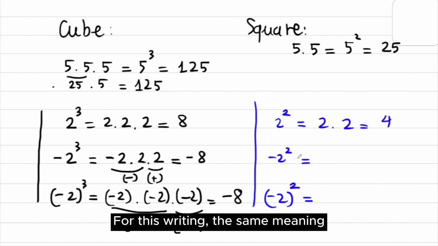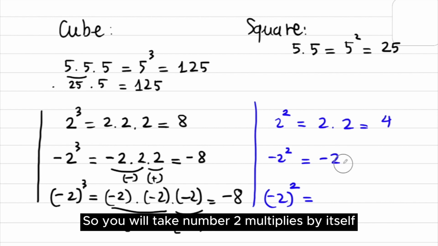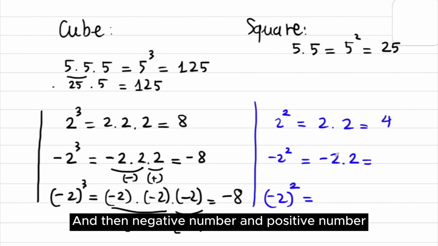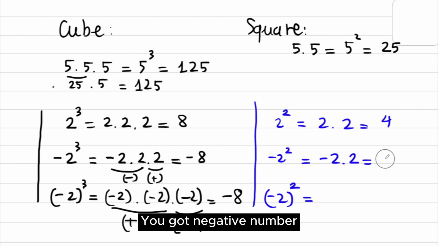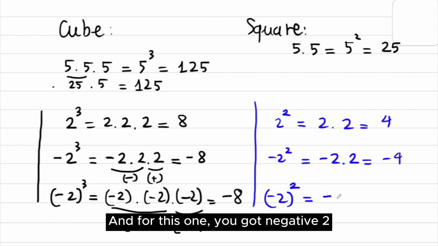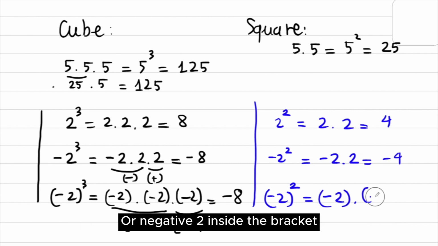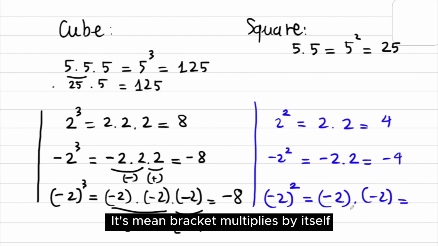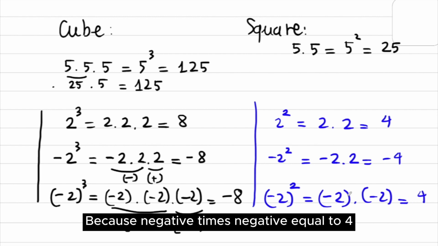For the bracket writing, the bracket is multiplied by itself, and the resultant number will be 4, because negative times negative equals positive.